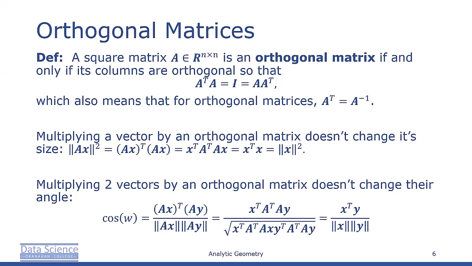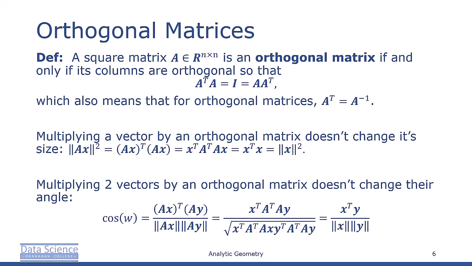Transformations by orthogonal matrices are special because the length of the vector x is not changed when transforming it using an orthogonal matrix. Multiplying a vector by an orthogonal matrix, we get the norm of Ax, and let's square it for the sake of simplicity.